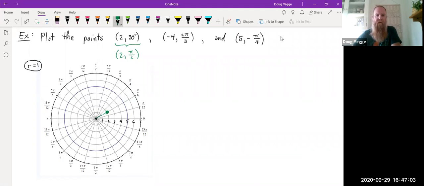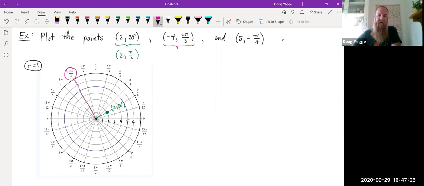So what about -4, 2 pi over 3? Okay, so here's 2 and 30 degrees. All right, let's take a look at -4 and 2 pi over 3. So first of all, it says turn towards the angle of 2 pi over 3, which is this angle right here.